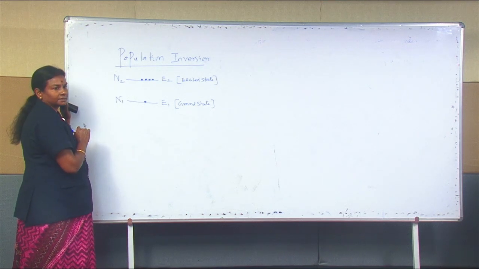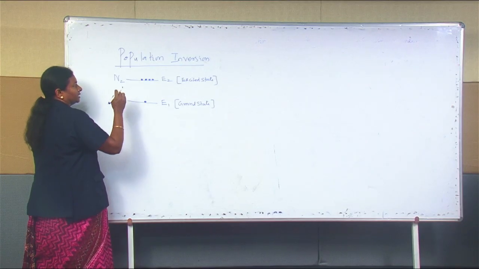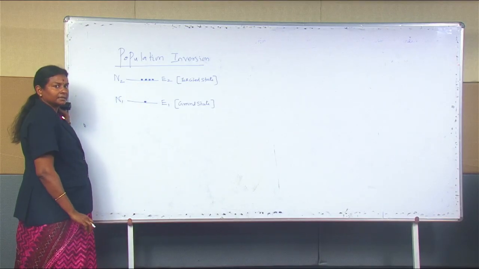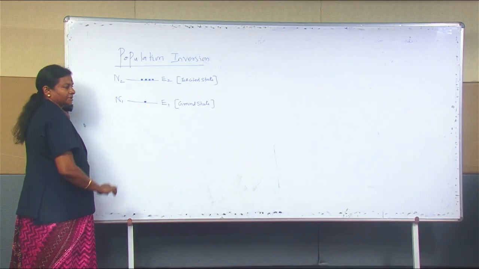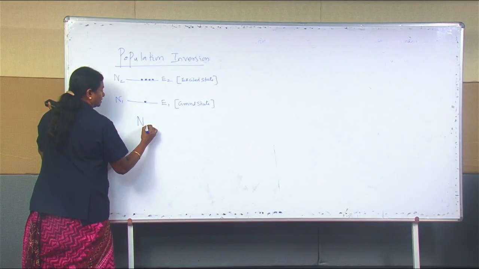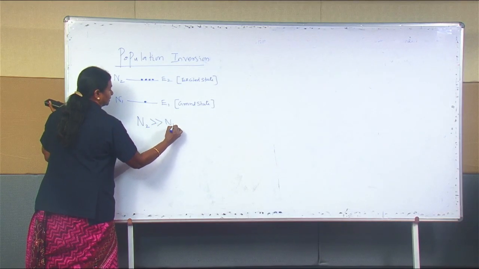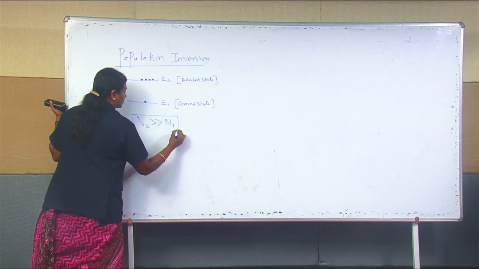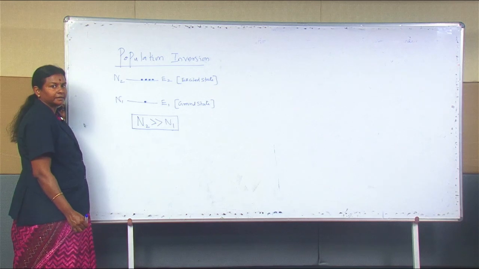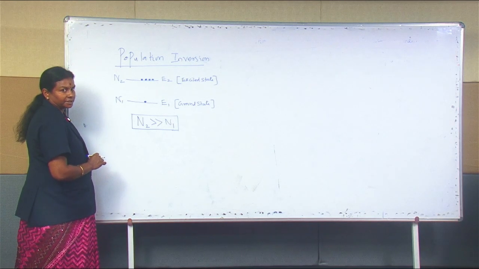So, after seeing this picture or the diagram, you will be able to give the information. Number of atoms in the excited state is higher than the number of atoms in the ground state. So, if it looks like this, that is N2 is very much greater than N1. Okay. By using this very simple equation, you can define, if it is asked in part A, what is meant by population inversion. Okay.